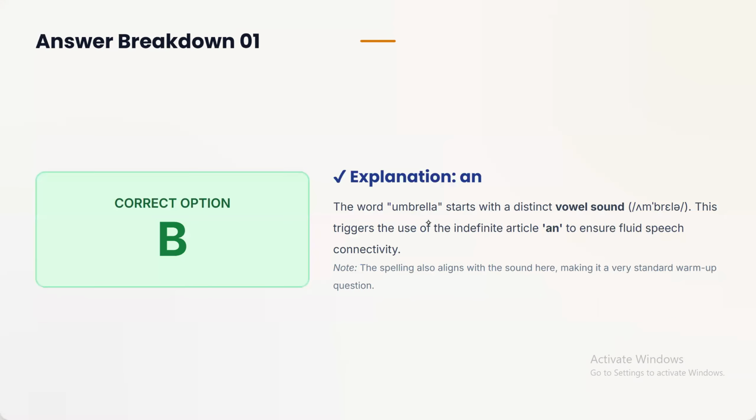Okay, let's move on. This triggers the use of the indefinite article an to ensure fluid speech connectivity. The spelling also aligns with the sound here, making it a very standard warm-up question.